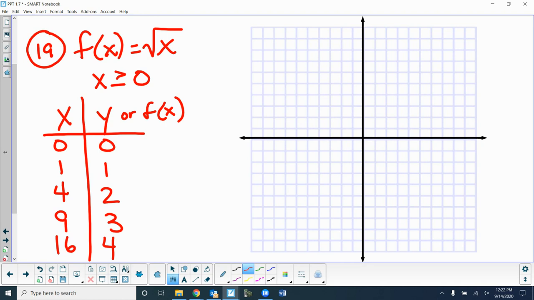Okay, you guys know all those answers, right? So that just makes it easier for you. Now we'll just use the first 4. We've got four points that we can plot, right? 0, 0, 1, 1, 4, 2, 9, 3. So it kind of curves like that.